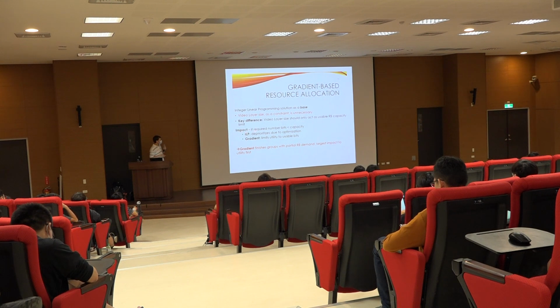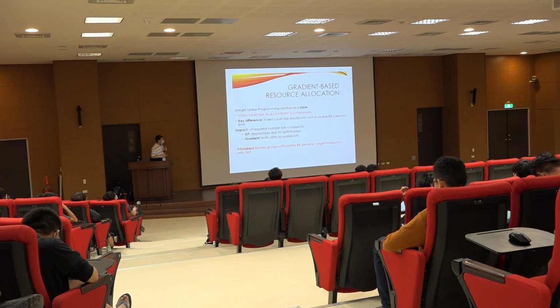So the impact is that ILP deprioritizes resource allocation due to optimization. Integer linear programming in general says, I want to maximize my utility by walking up the steepest gradient possible. If you've studied simplex, you'll notice it does the same thing. It says, which direction should I go which maximizes my utility the most?